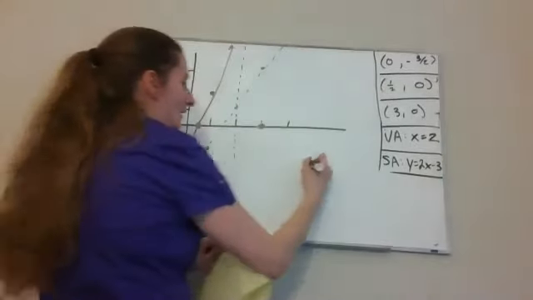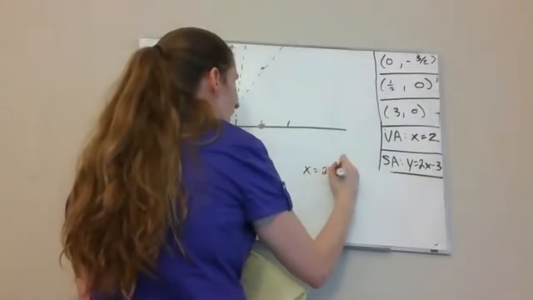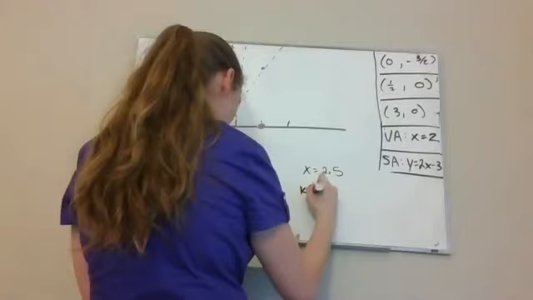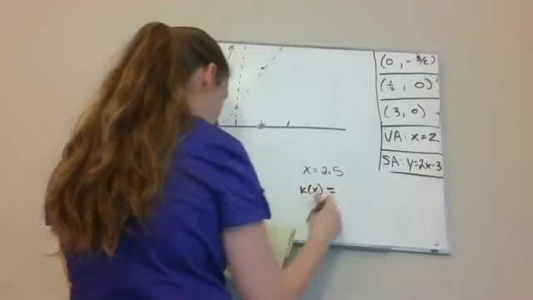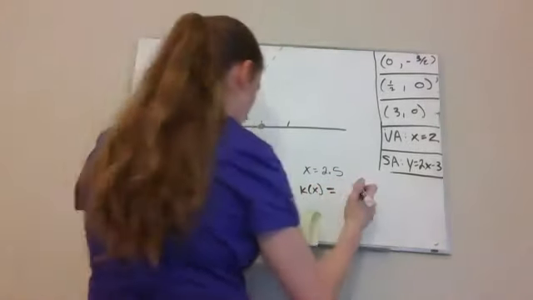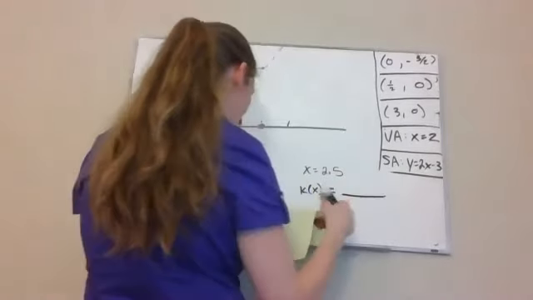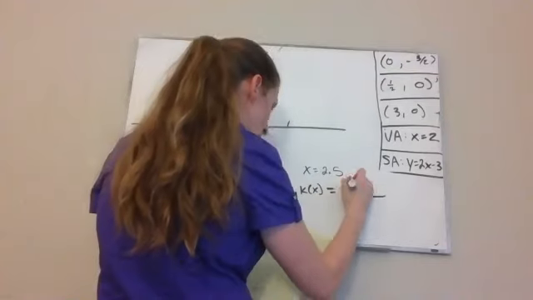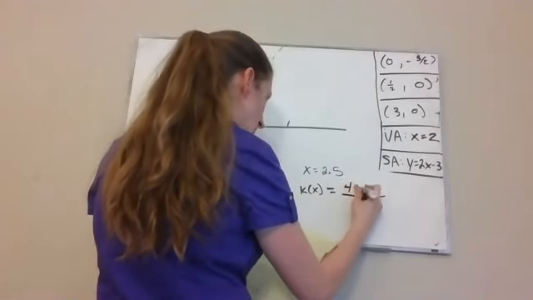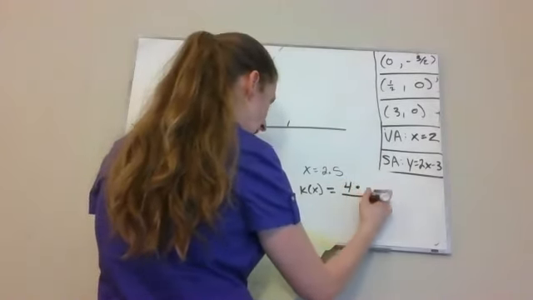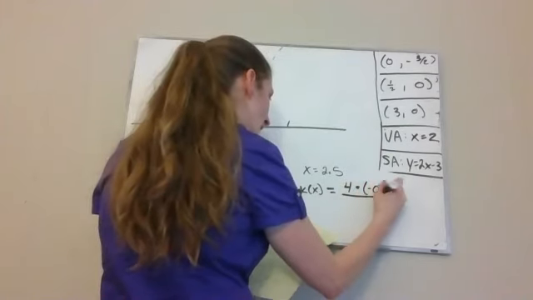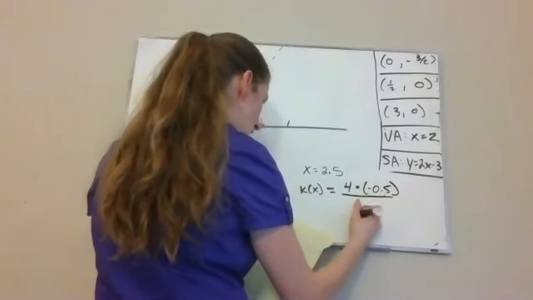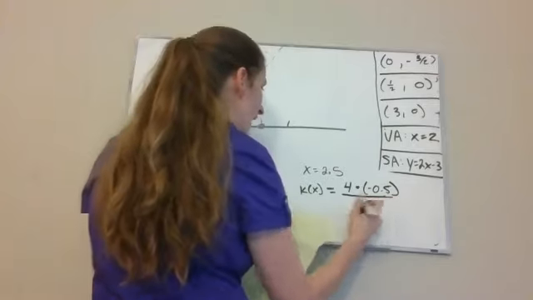So if I do x equals 2.5, my function k is equal to 2 times 2.5 minus 1, so that's 5 minus 1, which is 4. 2.5 minus 3 is negative 0.5, and 2.5 minus 2 is 0.5.